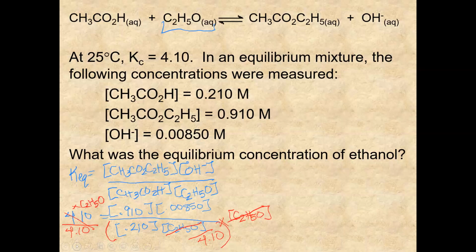And we get that our concentration of C2H5O is equal to, and everything is at 3 sig figs, so I'll leave it at 3 sig figs, 0.00898. And remember, concentrations are measured as molarity, so that will have a unit.